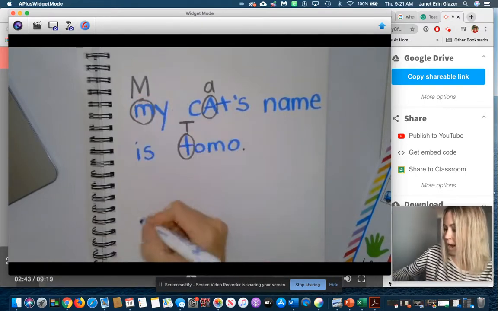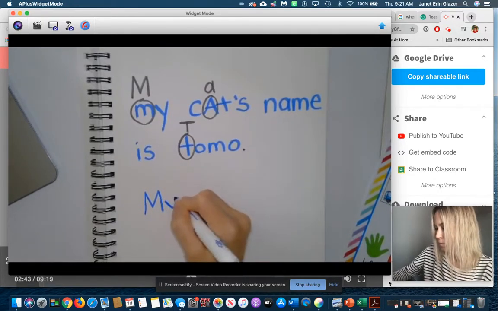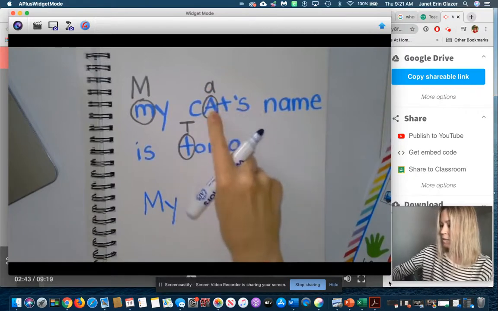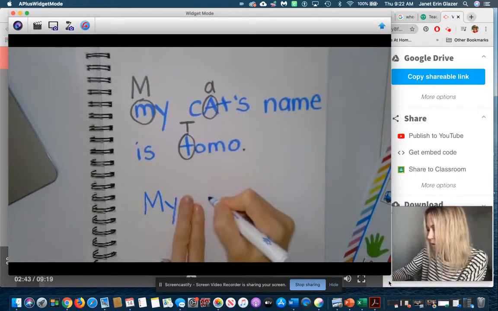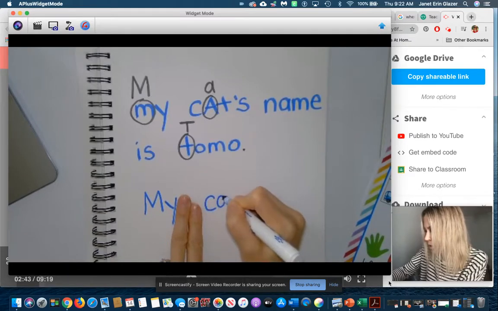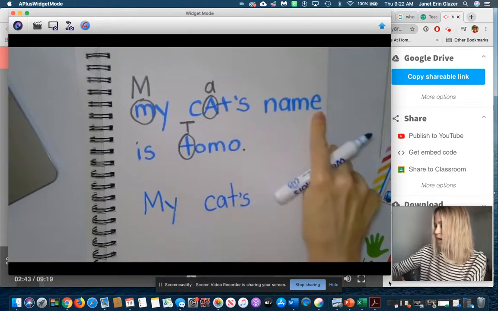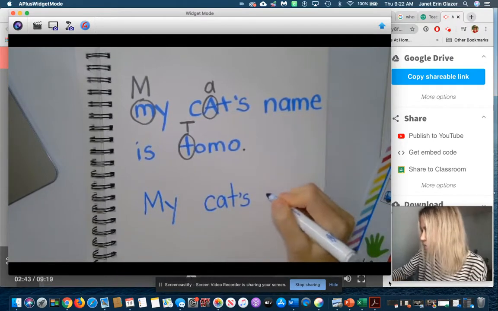So my, starting with a capital, cats, and I'm not going to put that capital A in there this time. So I'm putting my 2-finger space. Let's see. My cat's name was already correct. So I'm just going to copy that.